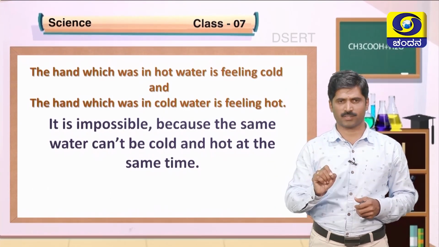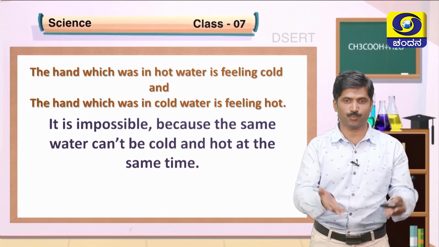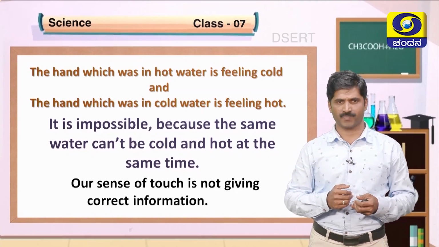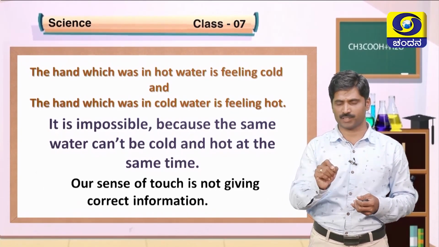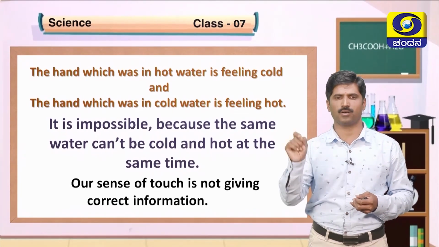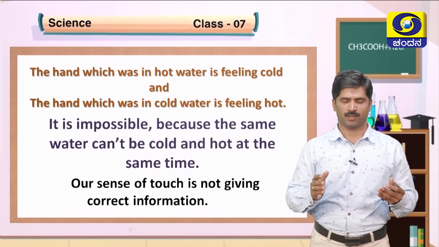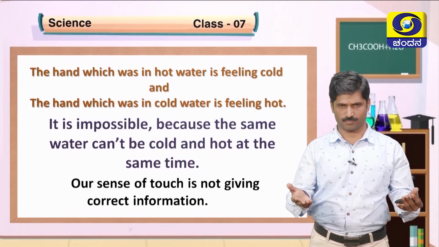The same water cannot be cold and hot at the same time. It is impossible. So, our sense of touch is not giving the correct information about whether an object is cold or hot. Then, how can we come to know whether an object is hot or cold?